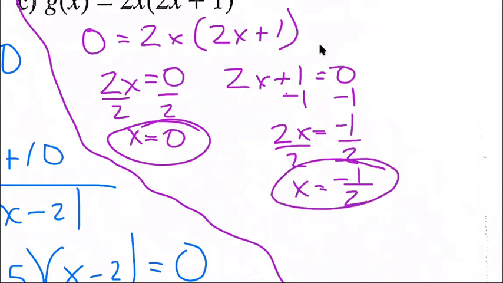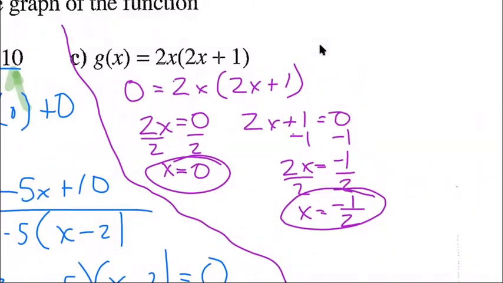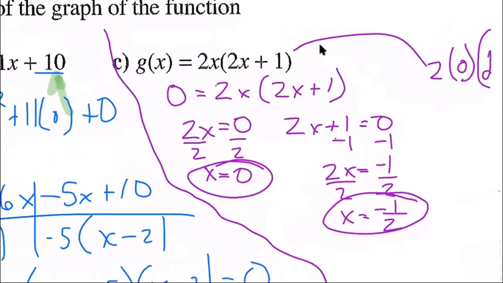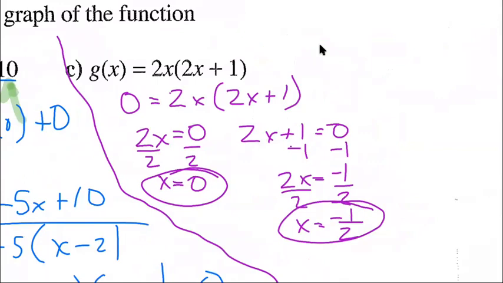There's your other 0. My y-intercept is when x equals 0. So I'm going to go 2 times 0 times 2. Oh, I don't think I have enough room. I made it too fat. I got to start over. 2 times 0 times 2 times 0 plus 1.